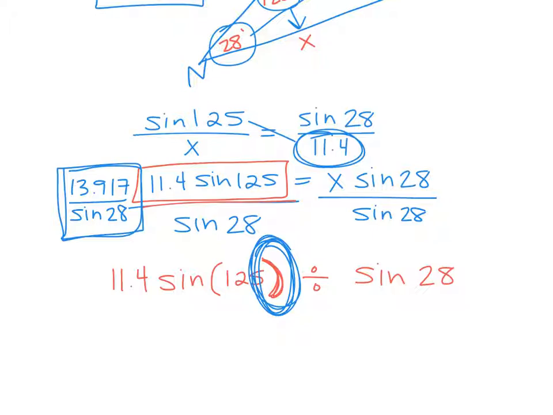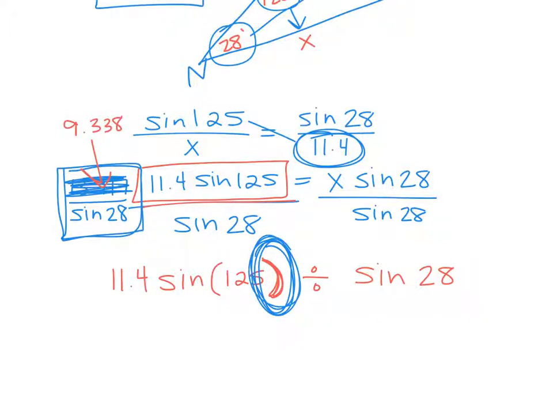Something didn't work out for me there. Oh, I divided. 11.4 sine 125 is not 13.9. Sorry, guys, I divided. This number should be 9.338. My bad if I just threw you off there.